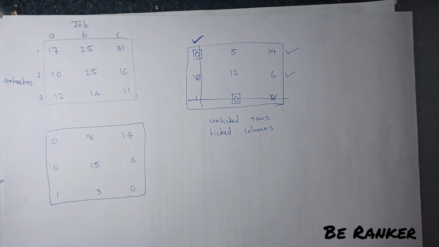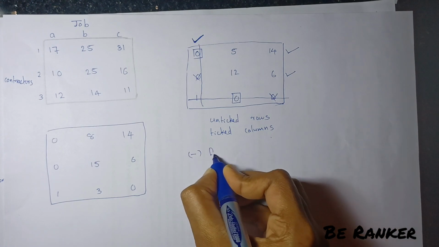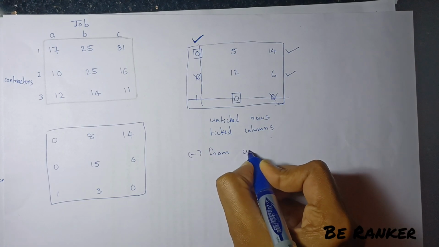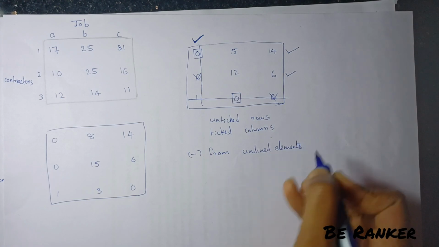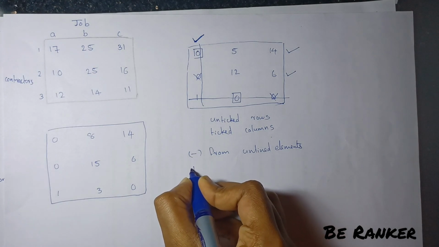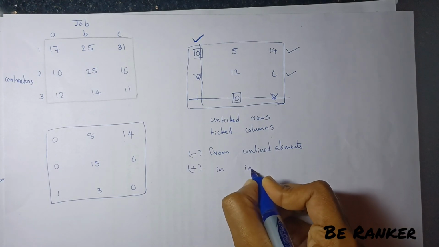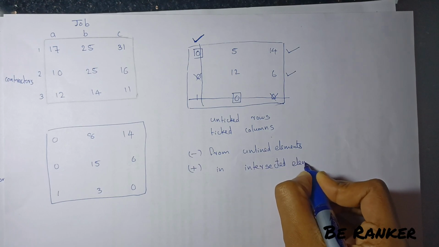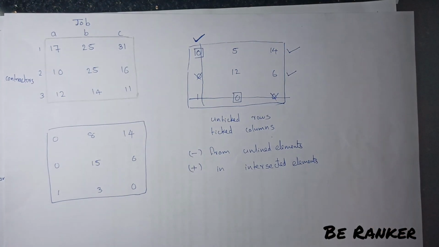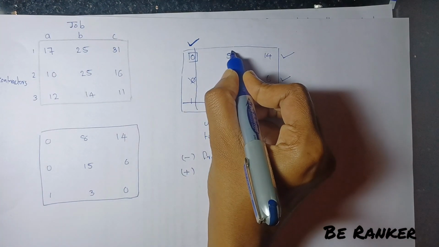Then we subtract this number from the unlined elements and add this number to the intersected elements. Here the smallest element is 5.